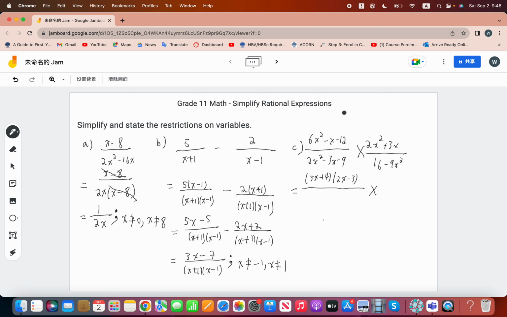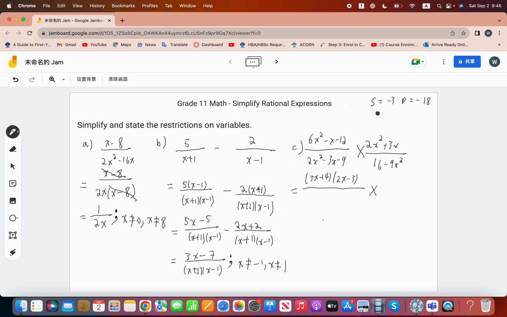I need a sum of negative 3 and a product of negative 18.